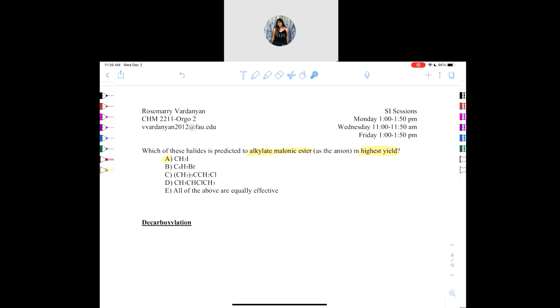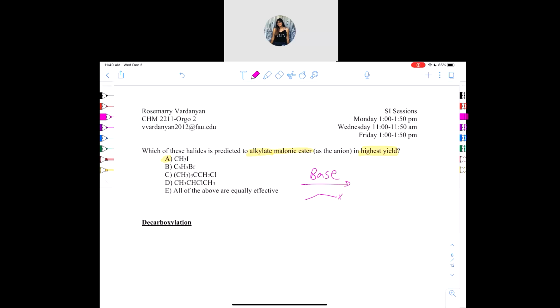So how we got this answer in the first place is we know that it's asking for the malonic ester synthesis. And most specifically, it wants the alkylation step. And it wants the highest yield. So we're thinking about trying to find the best answer to make the alkylation go the fastest and as high yield as possible. And so we know that in the alkylation, we're going to have some kind of base on top that will deprotonate.